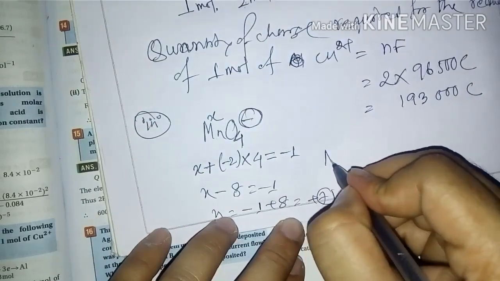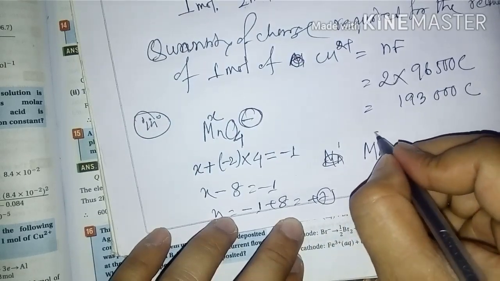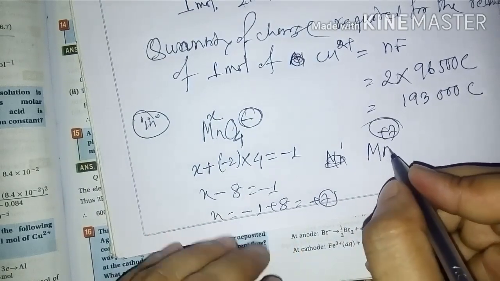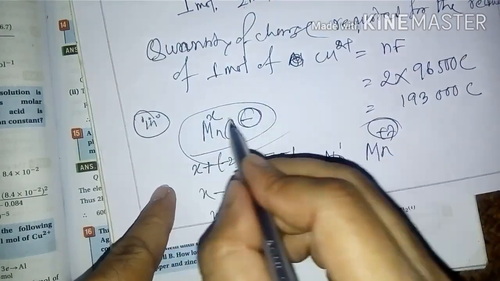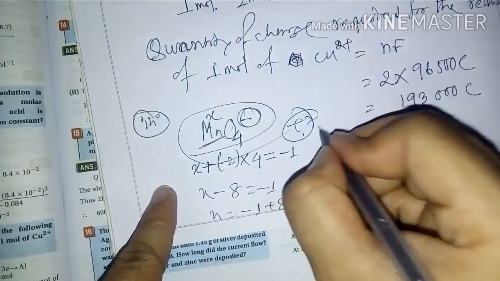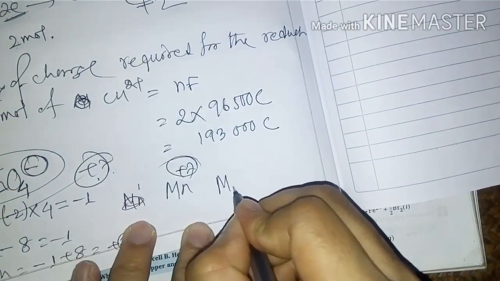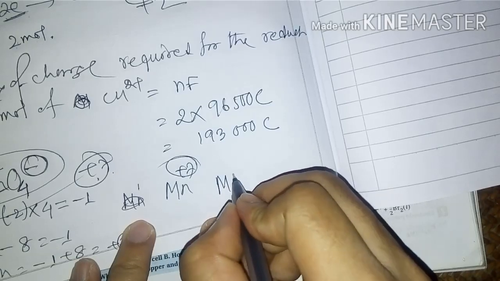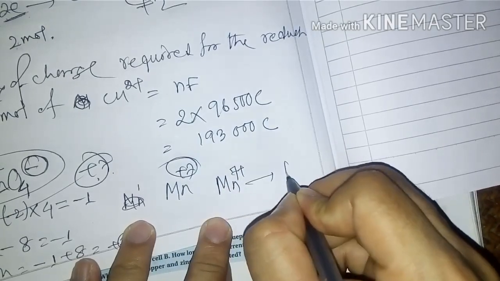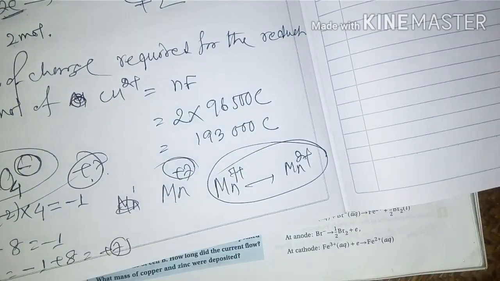That means the oxidation number of manganese is plus 7. So Mn 7 plus goes to Mn 2 plus. This is reaction 1.